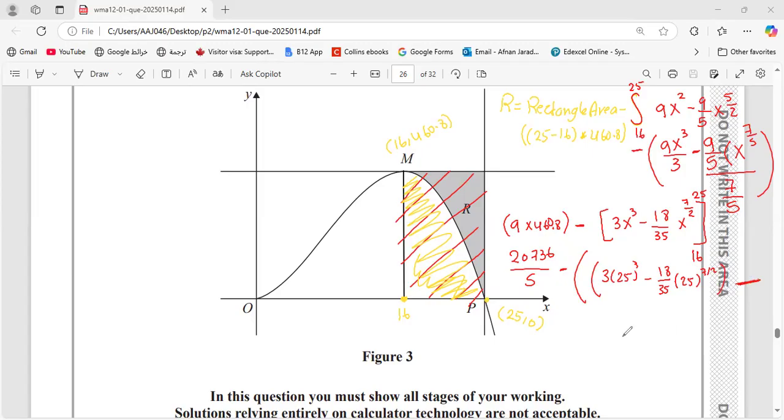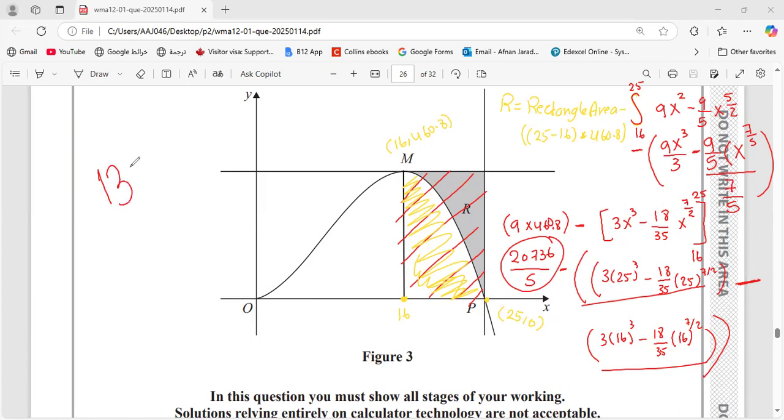Then subtract from it the result of substituting 16. So it's 3 multiplied by 16 cubed minus 18 over 35 multiplied by 16 to the power of 7 over 2. Subtracting this from the rest, the final answer will be 1312.7.